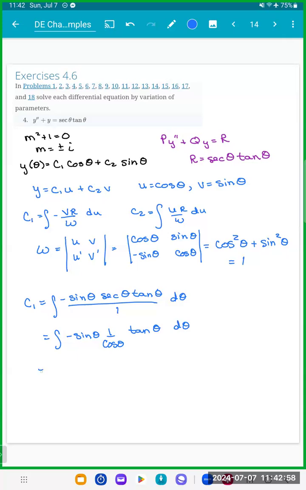That can simplify to negative tangent squared of theta. Using another Pythagorean identity, we could say secant squared theta minus 1. And thus, this is negative tangent theta plus theta.